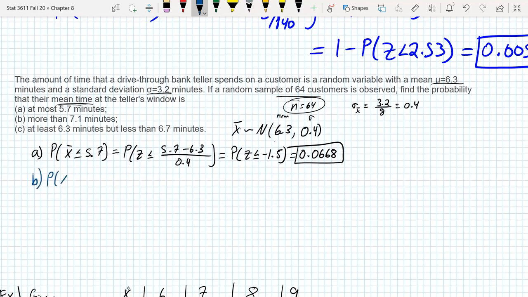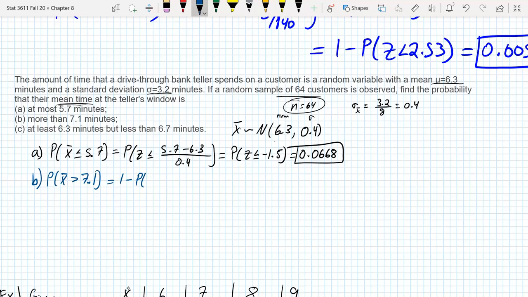So the probability then that X bar is more than 7.1, that would be greater than 7.1 here. And these greater than questions, we can use the normal table to do that, but we're going to want to look at the complement here. So we'll do 1 minus the probability, because remember the normal table gives us less than or equal to probabilities, those cumulative ones.